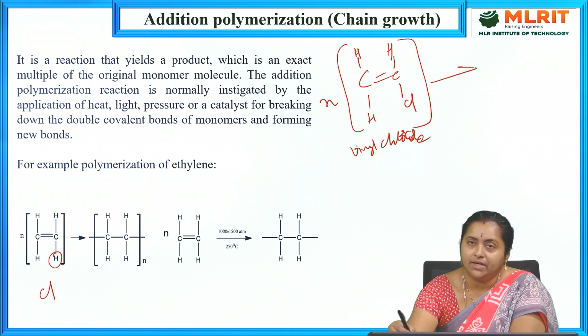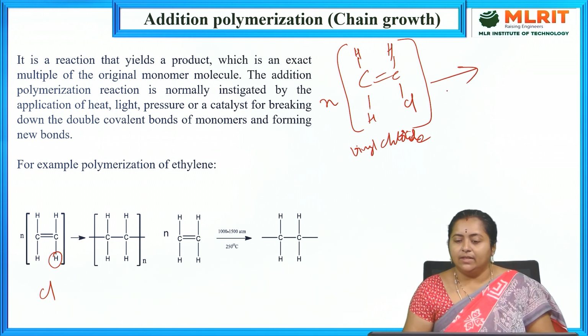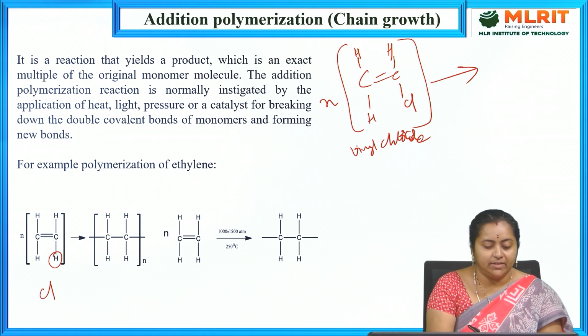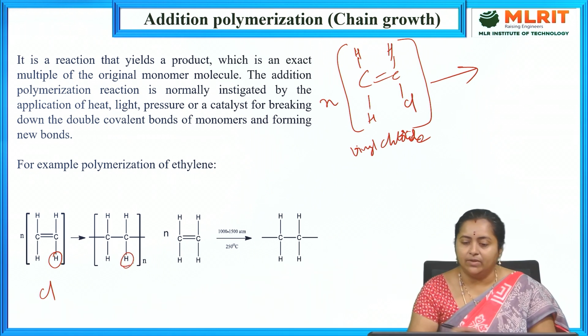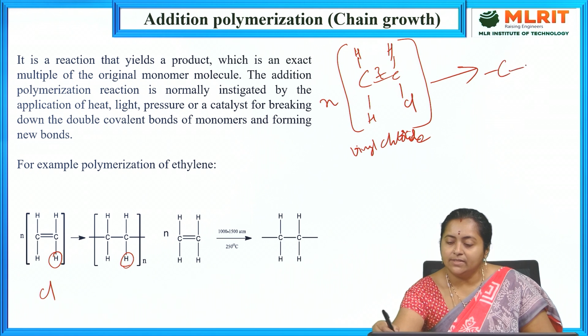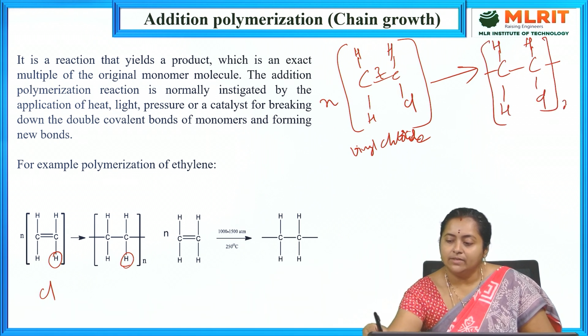If it is subjected to polymerization reaction, then what will happen? Just like in the case of ethylene, wherever we have this hydrogen, we have to replace it with a chlorine atom. The pi bond is involved in the breaking process. As a result, a new sigma bond forms on either side of the carbon atoms. This is what we call PVC, polyvinyl chloride.